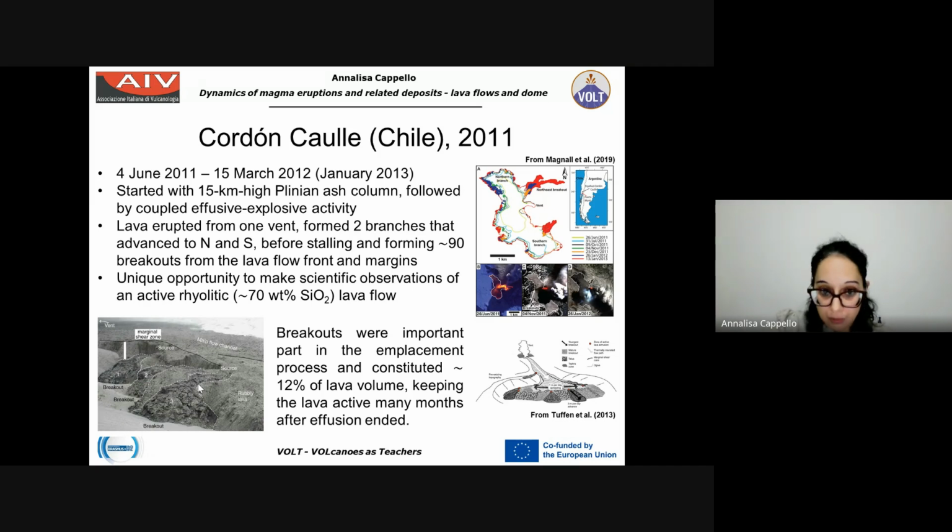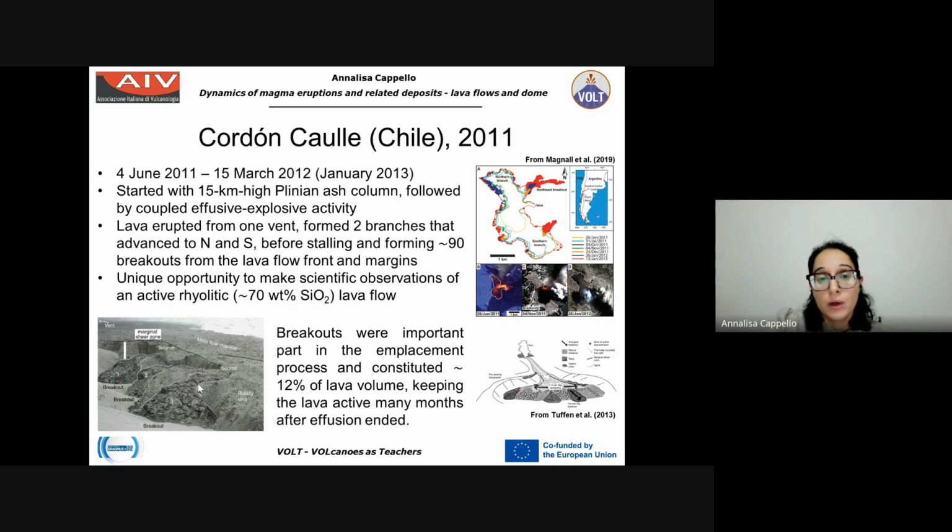This eruption also had important consequences on the economy of the region, because about 3,500 people were evacuated from the nearby areas, and the ash was so huge.